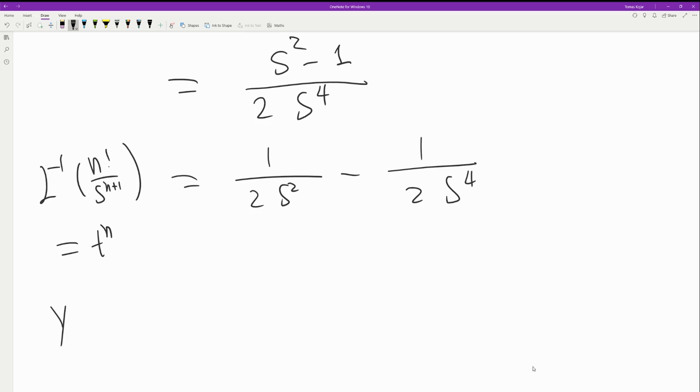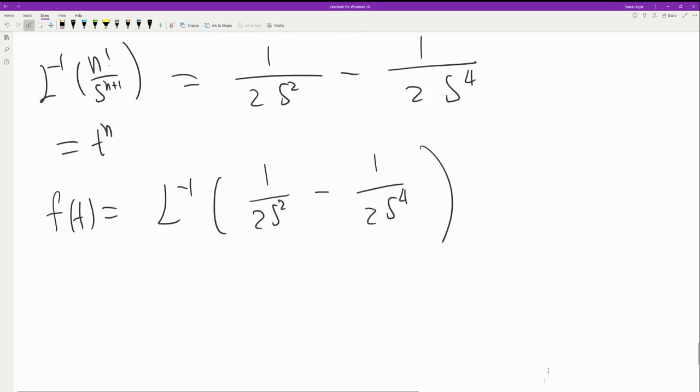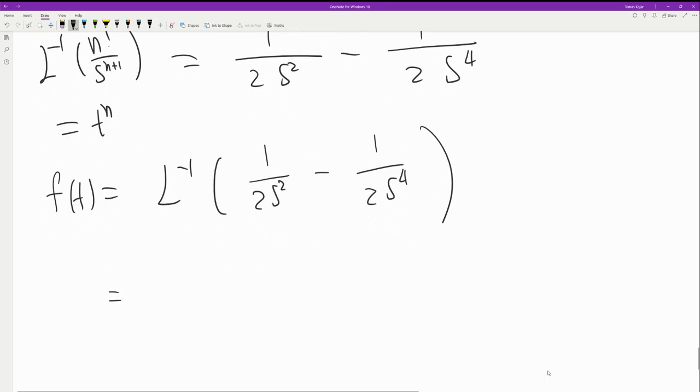So f(t) is equal to the Laplace inverse of these, 2 s squared, 2 s to the 4, so this is t, and this guy requires to divide by 3 factorial.